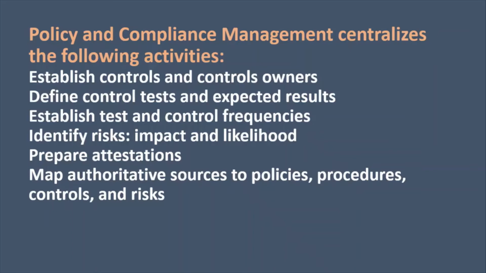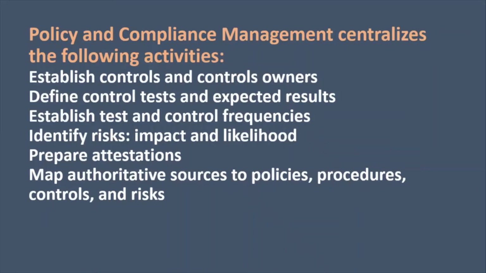Second, define control tests and expected results. So what is expected out of that control, we have to define that. As part of that, test cases are prepared along with expected results. So for activity one, what is expected?